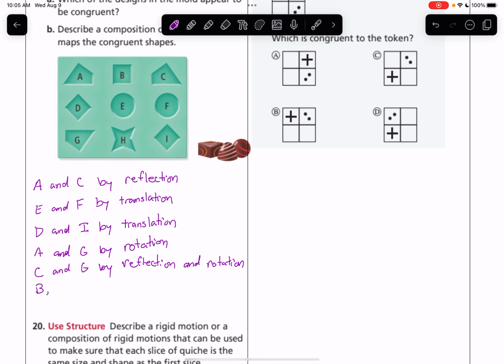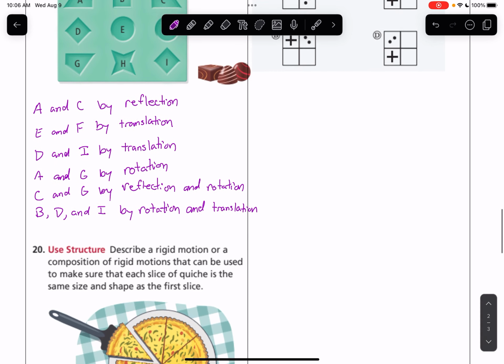So B, D, and I by a rotation, turning that shape sideways, by rotation and translation. Right? Of course, you could have different types of transformations here. There's lots of different ways to show that they are going to match up to one another and they are congruent. Those are the ones I had.